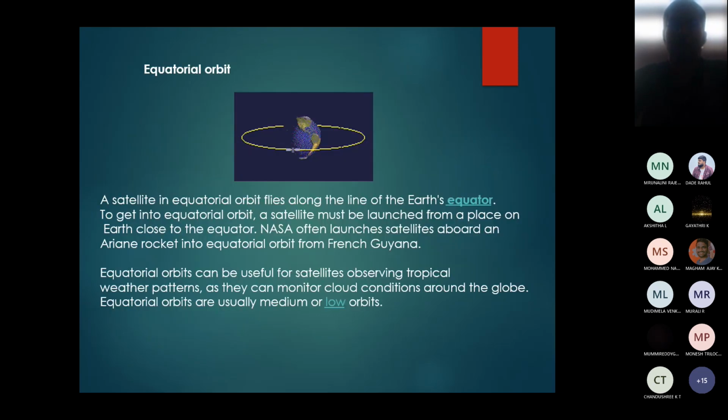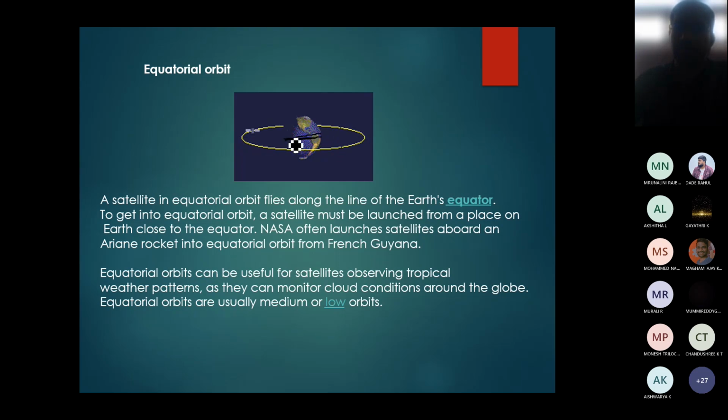This is the animation image I have shown of how a satellite is rotating around the Earth, and this particular orbit is called the equatorial orbit. You see that this plane is the equator of the Earth, and on the same plane the satellite is rotating.